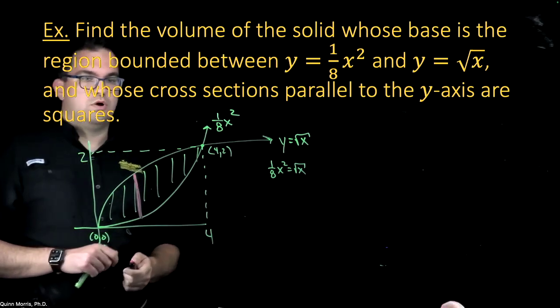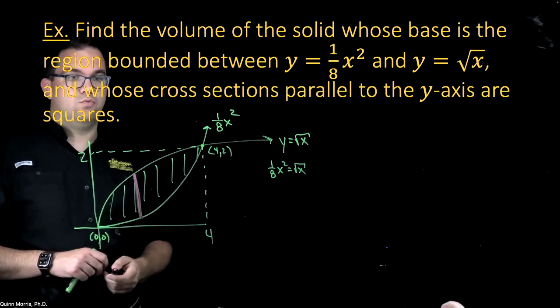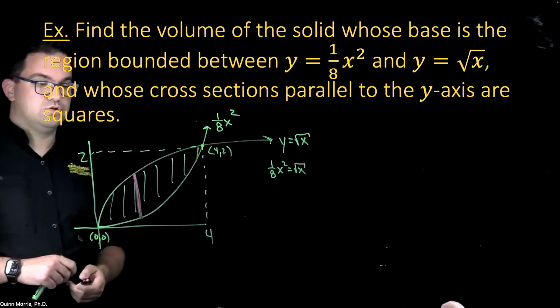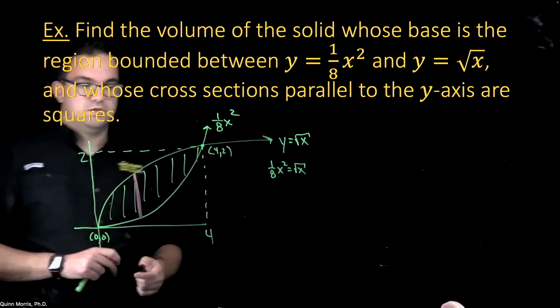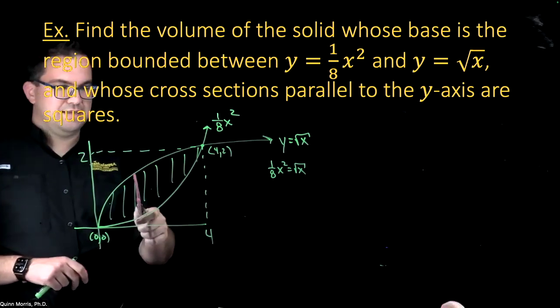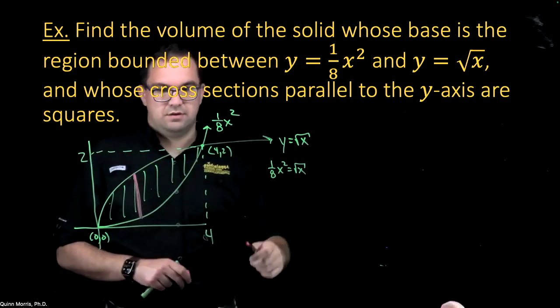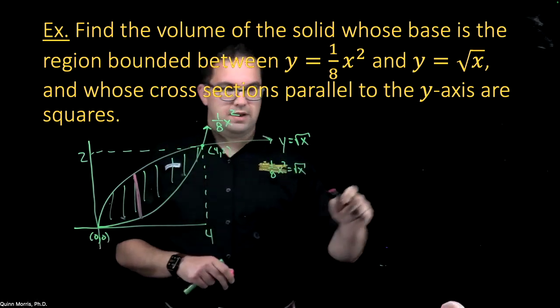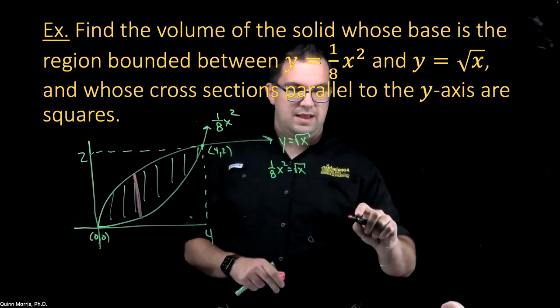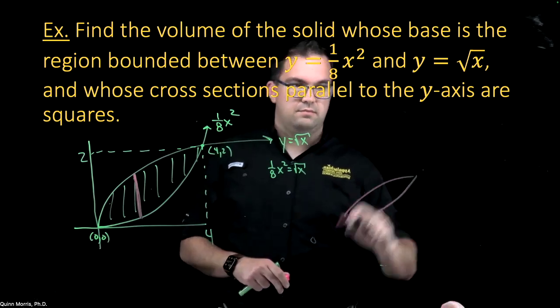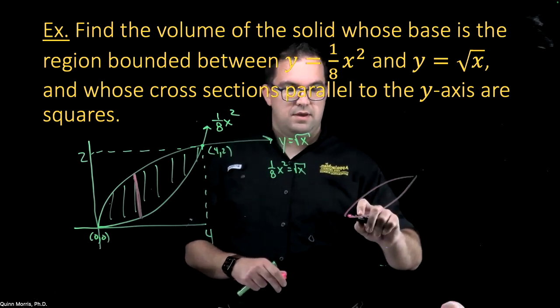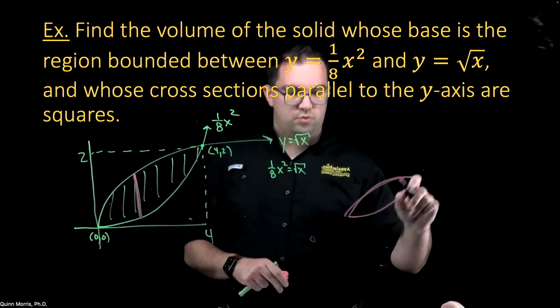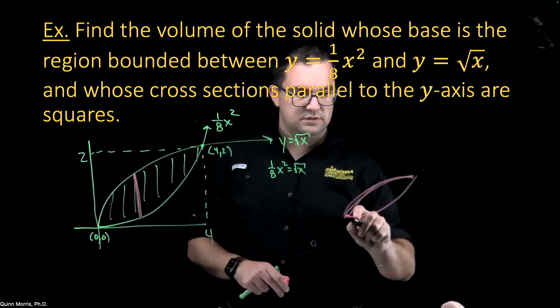But if I take these cross sections parallel to the y-axis, they are squares. So in this case, if I imagine breaking this out, I'm going to get this shape that has this base like this, but then it has squares for sides.